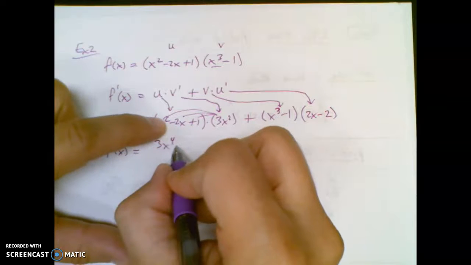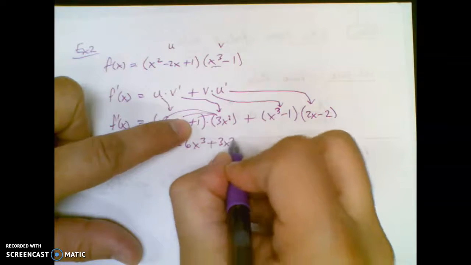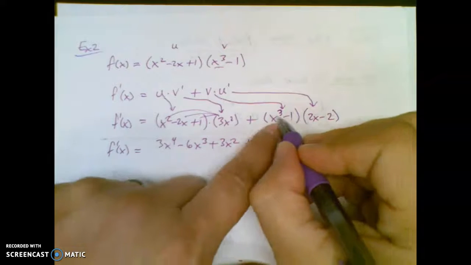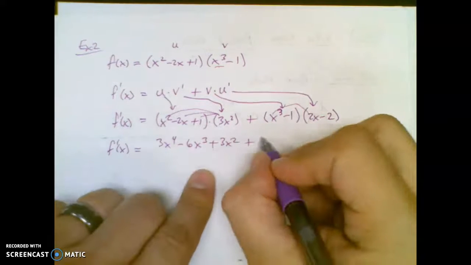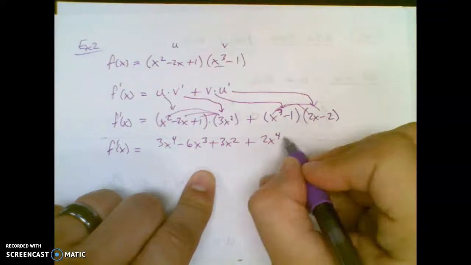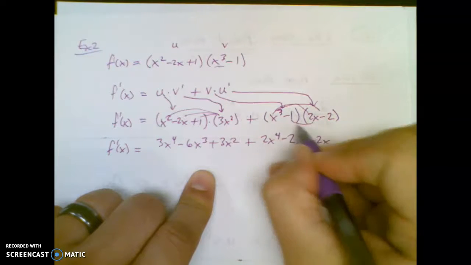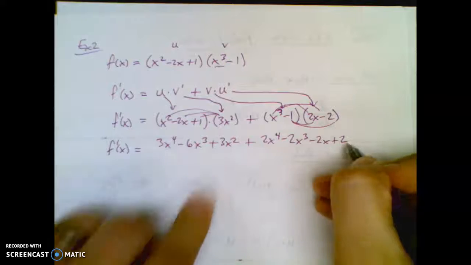Multiply it here, you get minus 6x cubed plus 3x squared. Then here you got a FOIL. So first is 2x to the 4th. Outer is minus 2x to the 3rd. Inner is minus 2x. And last times last is plus 2.